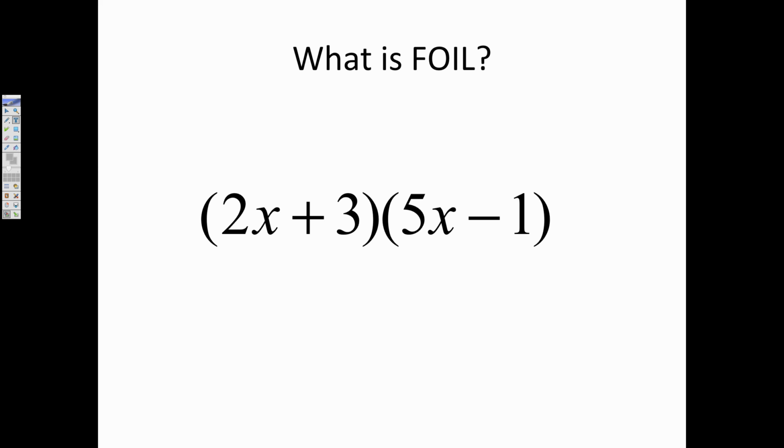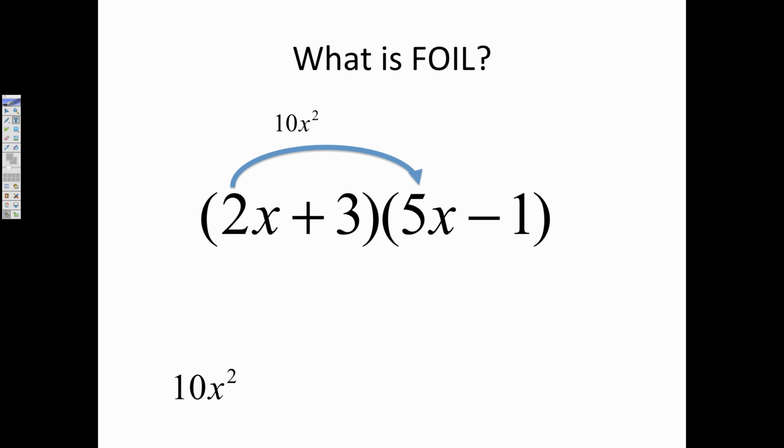FOIL is an acronym for first, outer, inner, and last, and describes the sequence of multiplications that you have to do to multiply these two binomials. You multiply the first terms in each binomial. 5x times 2x gives you 10x squared.